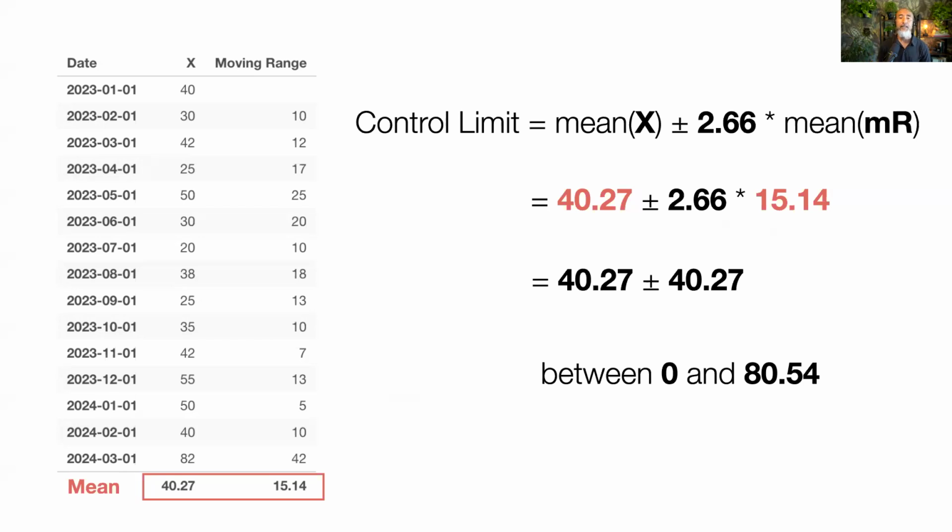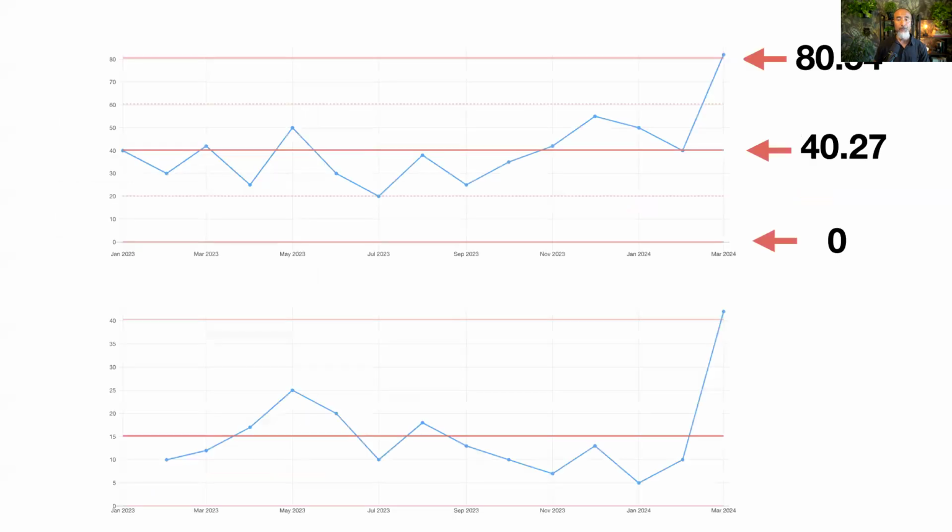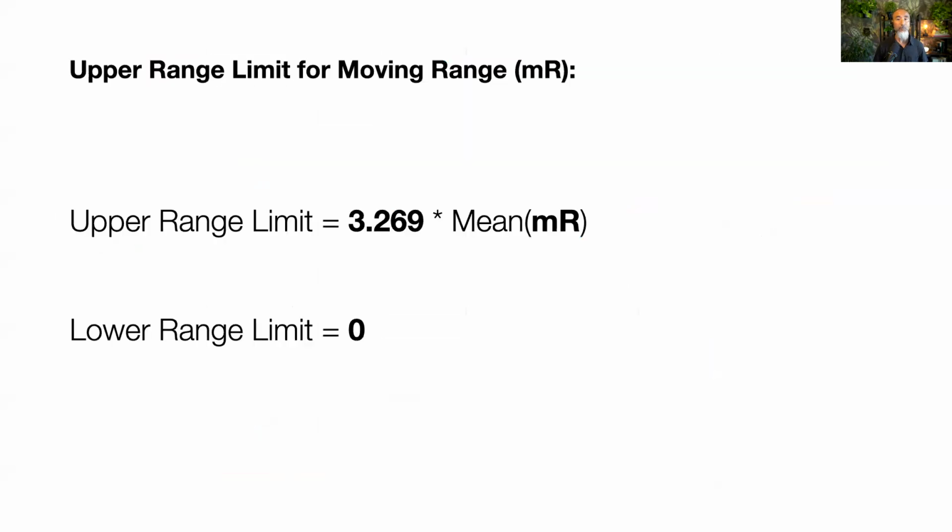That means the control limit range is between 0 and 80.54. So here we have the control limit for X. You can calculate the control limit for the moving range as well.